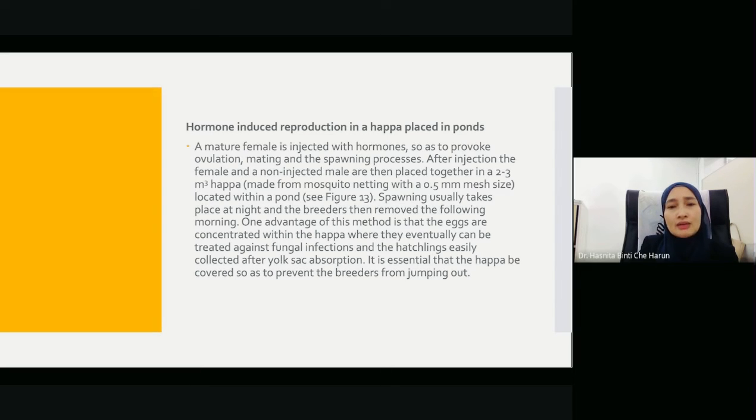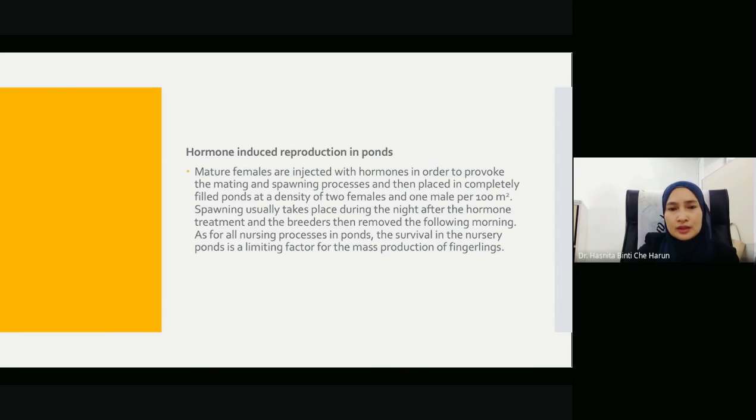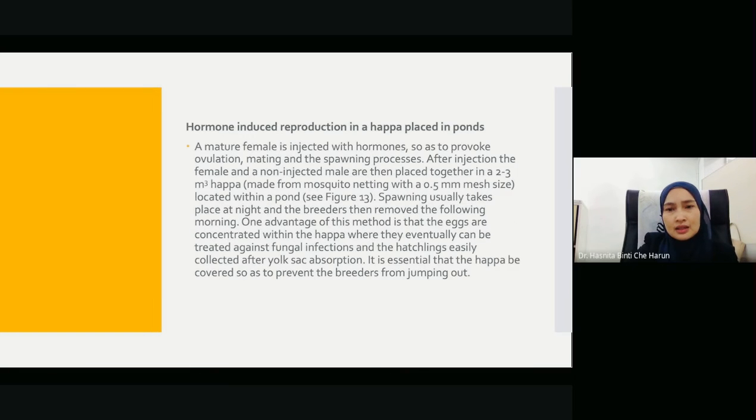One advantage of this method is that eggs are concentrated within the HAPA system, and they can be treated against fungal infection, and due to that the number of fingerling is higher compared to the previous method.